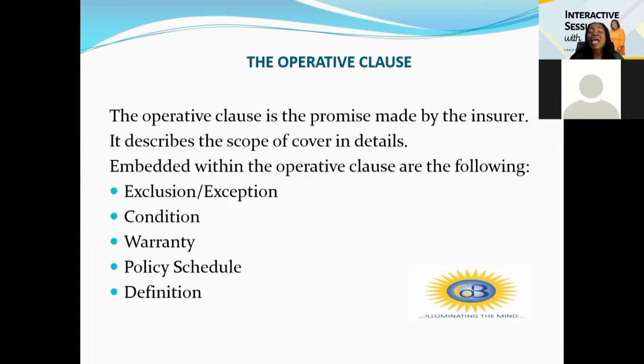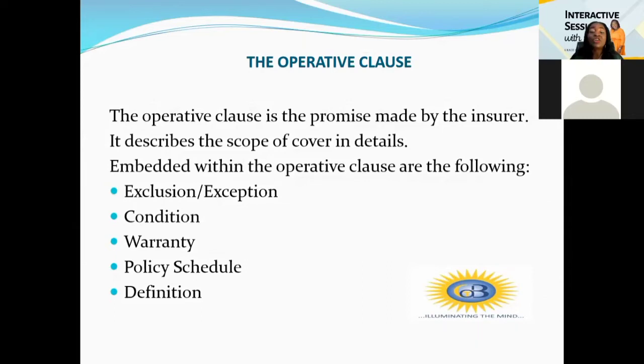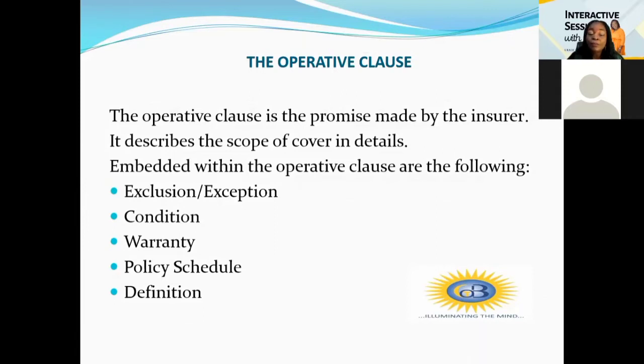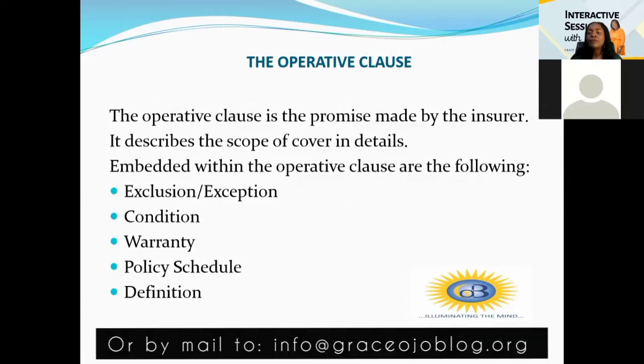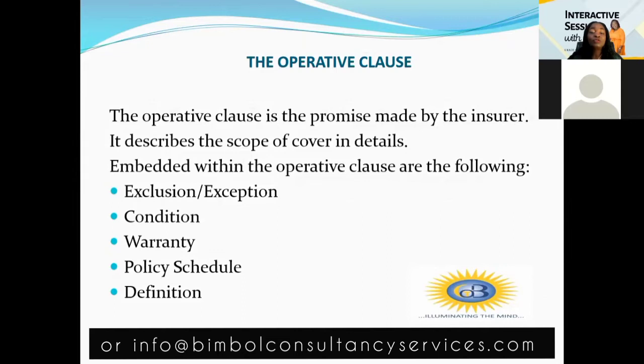Every piece of information the insured needs to know from the insurer regarding the cover that the insured has obtained is described in this operative clause. So the operative clause describes the scope of cover in the insurance contract you have entered with the insurer.